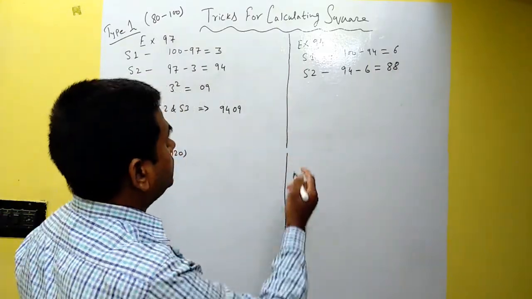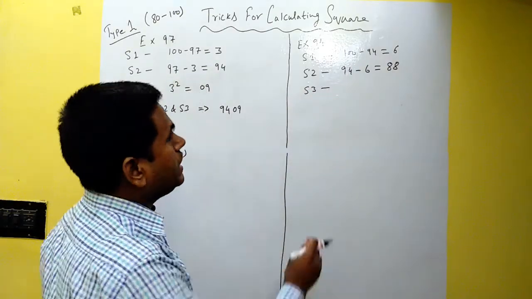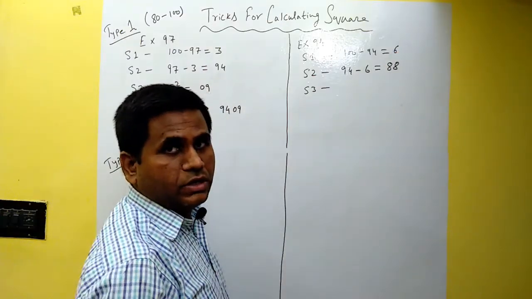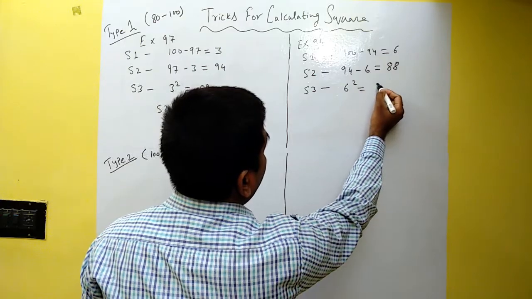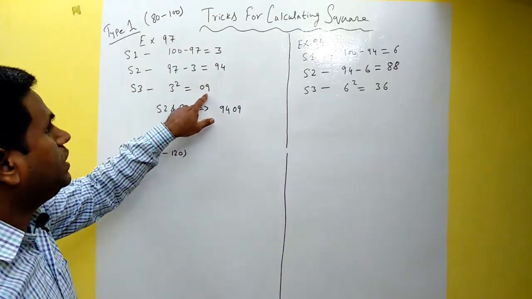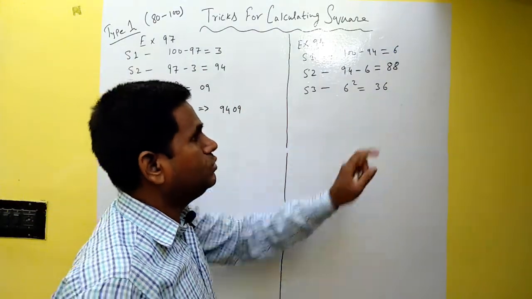Let's come to the last step, step 3. In the last step, we square the difference which we obtained in step 1, which is 6 square. This gives us 36. Earlier we got a single digit, so we wrote it in 2-digit form, 09. Here we already got 2 digits.